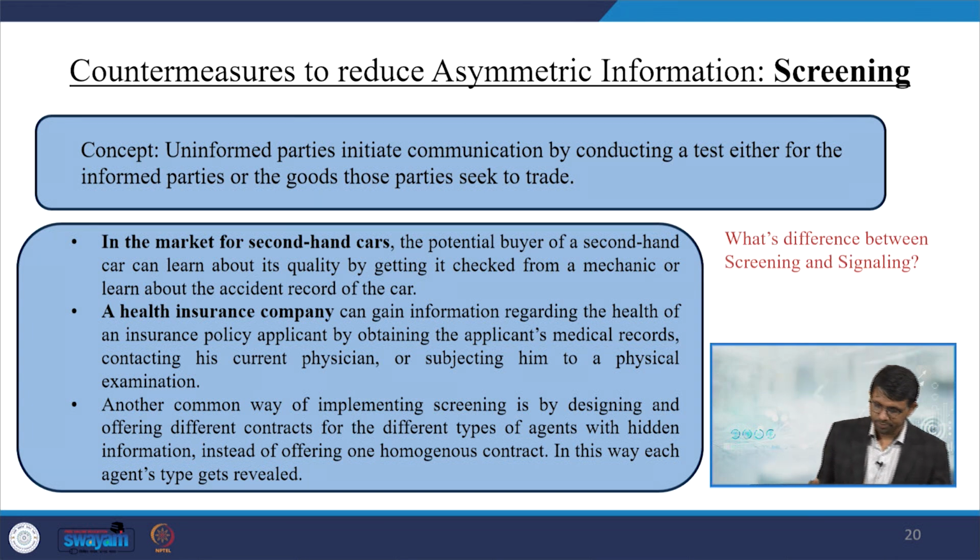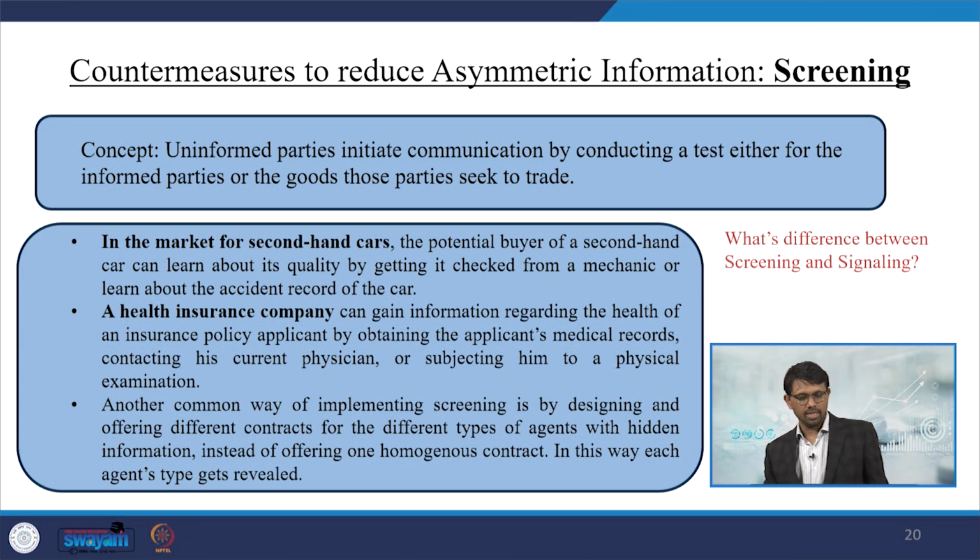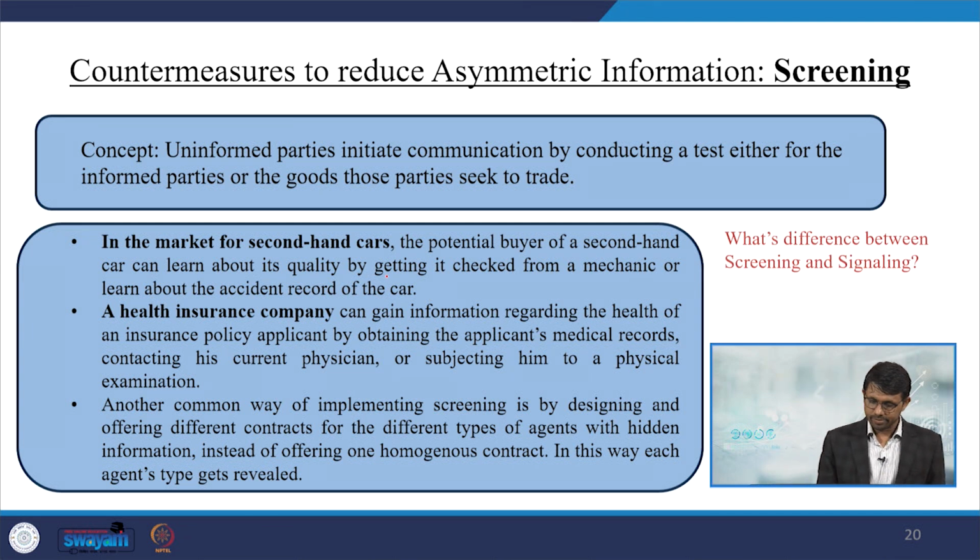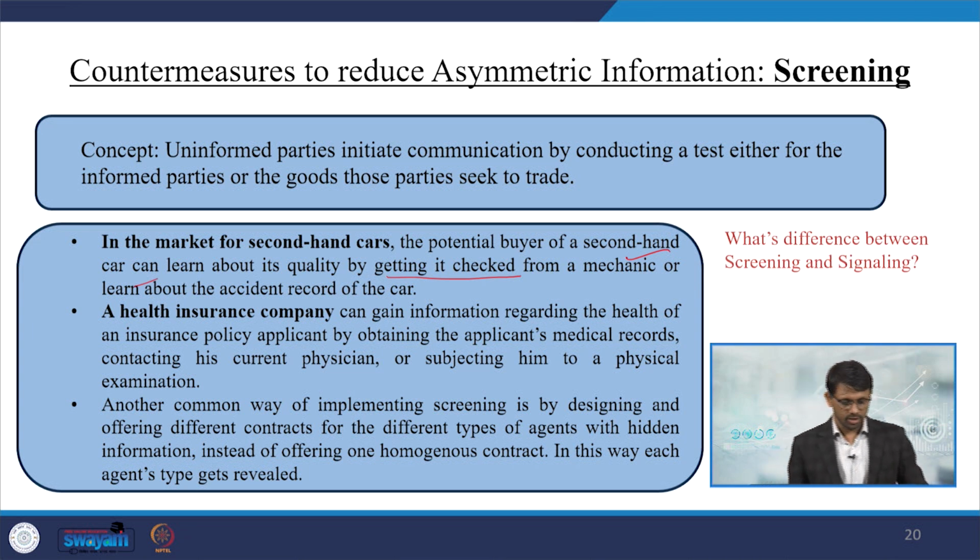Basically, there should be further communication. I am just citing one example, that is the second hand market. The potential buyer of a second hand car can learn about its quality by getting it checked by a mechanic or learn about the accident record of the car. Similarly, please go through health insurance companies and their signaling strategy, and it will help.